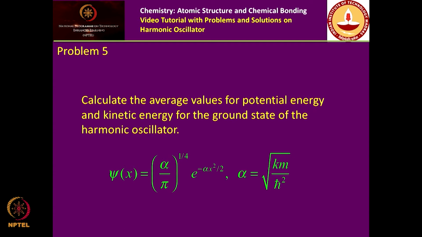You need to know the exponential formulas for doing this, and it is also important that we can only calculate the average values and not the exact eigenvalues of the potential energy and kinetic energy for the harmonic oscillator in quantum mechanics, because the operator for the potential energy and the operator for the kinetic energy do not commute, and therefore it is not possible for you to have the eigenfunctions for both these operators which do not commute.